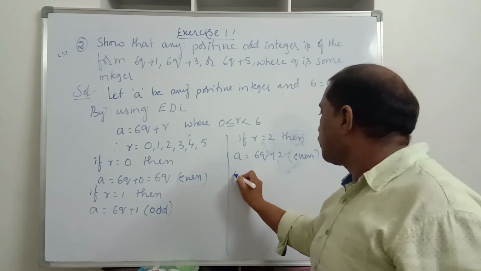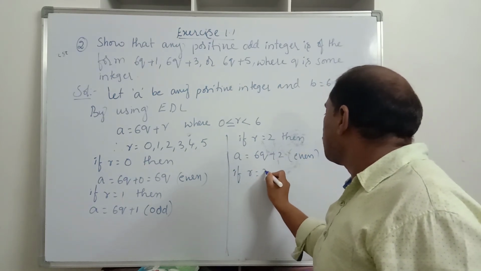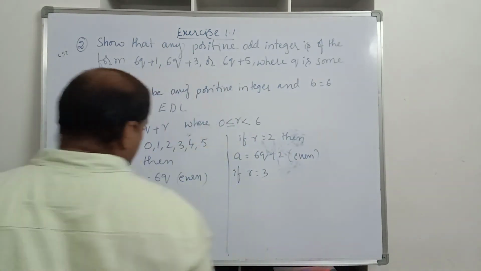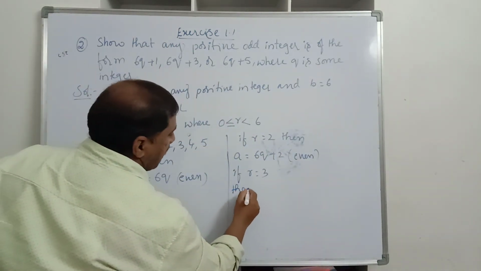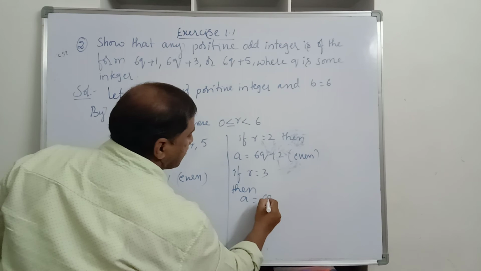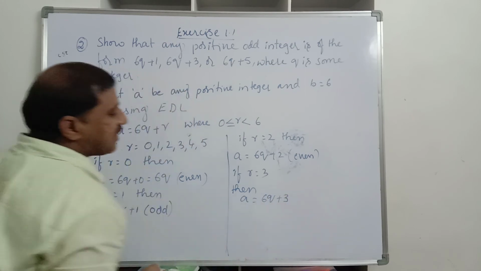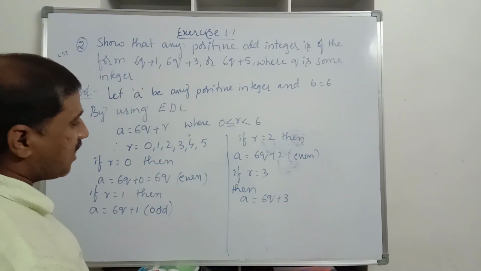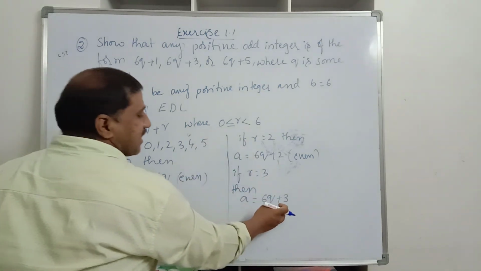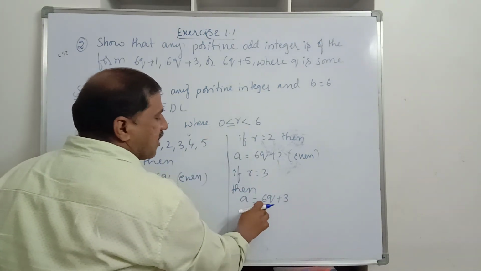The fourth case, if R is equal to 3, then A is equal to 6q plus 3. So R is equal to 3, which again is an odd number. We are adding an odd number to an even number.